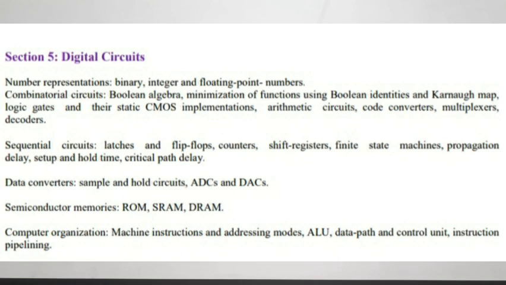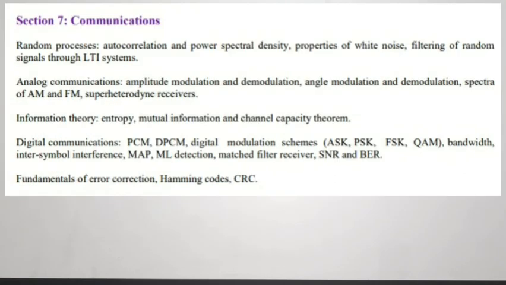The next subject I'm going to tell is communications. Very important. There are two subdivisions in communications: analog communication and also digital communication. Okay, so from the communication subject, you have to cover random processes, autocorrelation and power spectral density, properties of white noise, filtering of random signals through LTI systems, analog communication, amplitude modulation and demodulation.